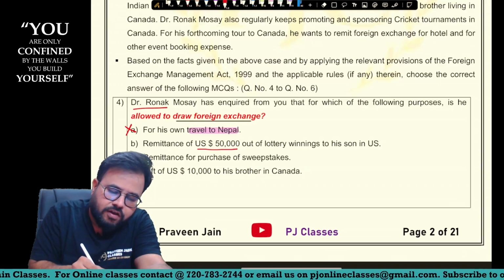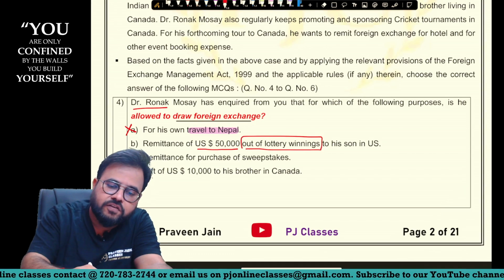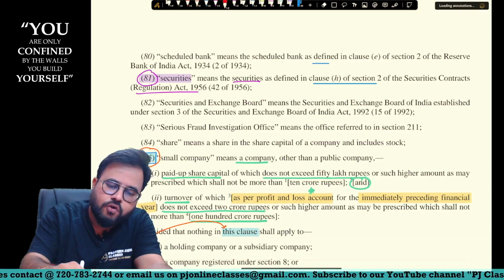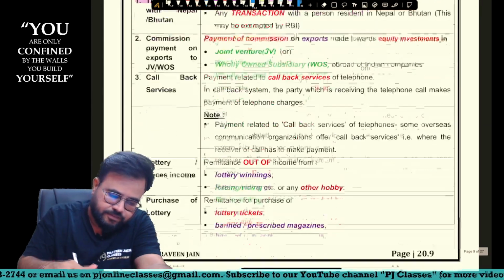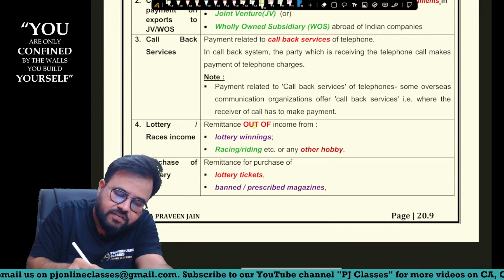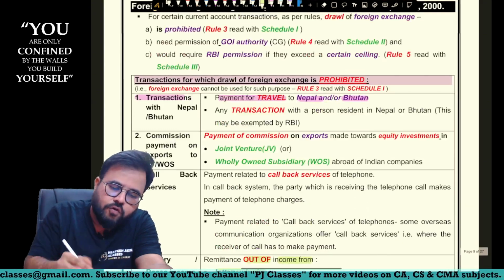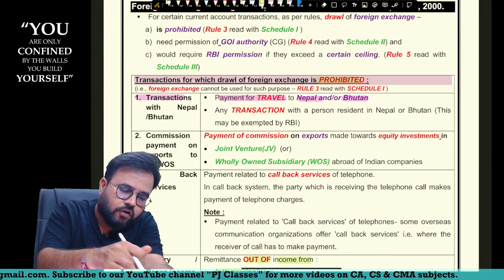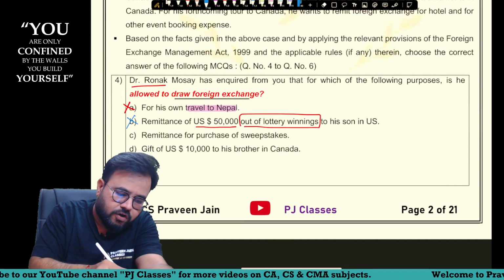Remittance of $50,000 out of lottery winnings. Again, if you see here also, you will find this is also a prohibited transaction, sir. You can see remittances out of income from lottery winning is also prohibited. This is also covered in schedule number 1. So this is also prohibited, not allowed.